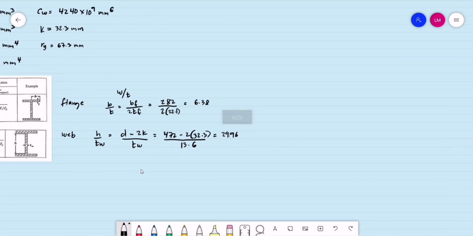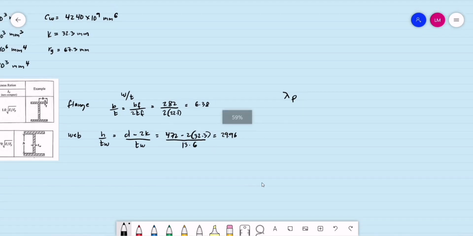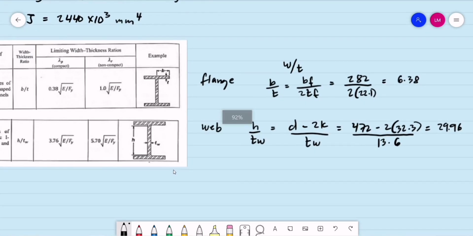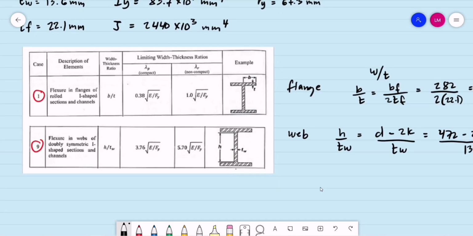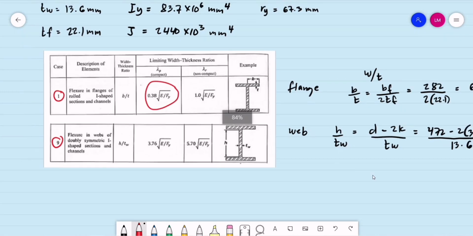We need to compare these values to our lambda sub p. What is the equivalent of lambda sub p for the flanges? We have 0.38 times the square root of E divided by Fy.